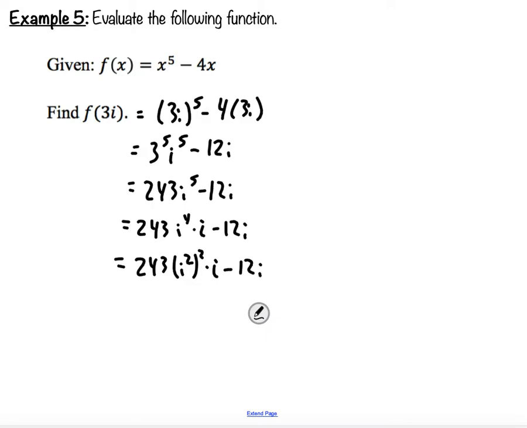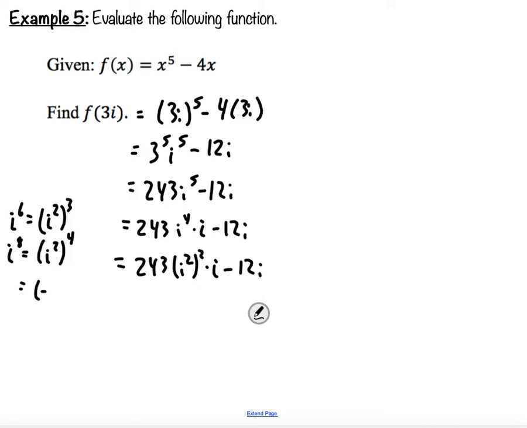Just as you've got an even power here, so I've got an i to the 4th. If I had an i to the 6th, for instance, I'd write that as i to the 2nd to the 3rd, because 2 times 3 there is 6. If I had an i to the 8th, I'd write that as i to the 2nd to the 4th, because 2 times 4 there is 8.